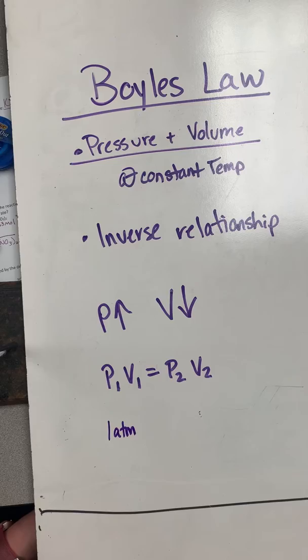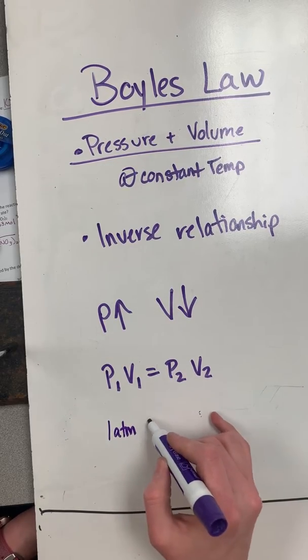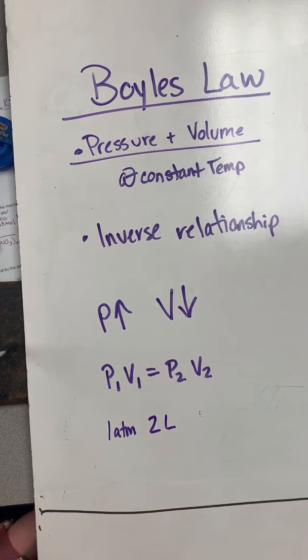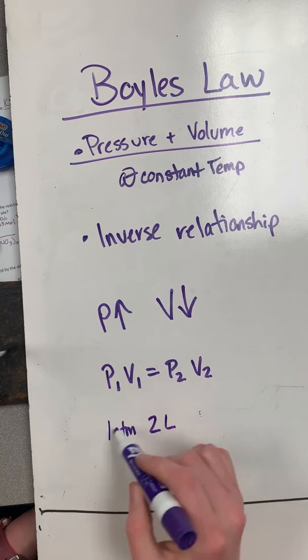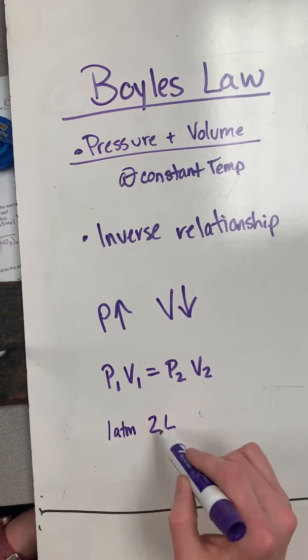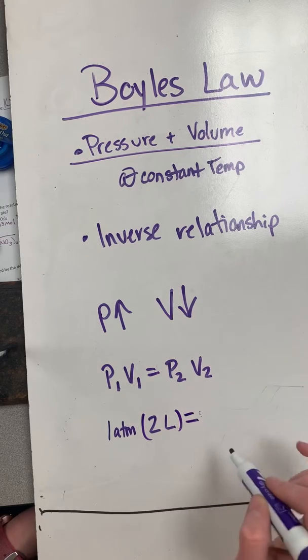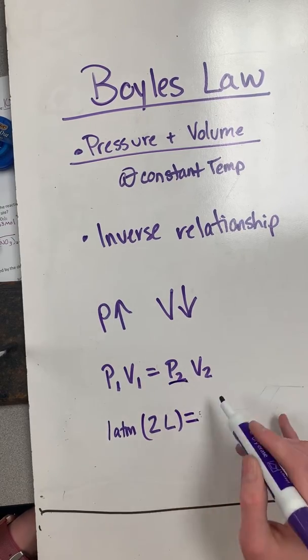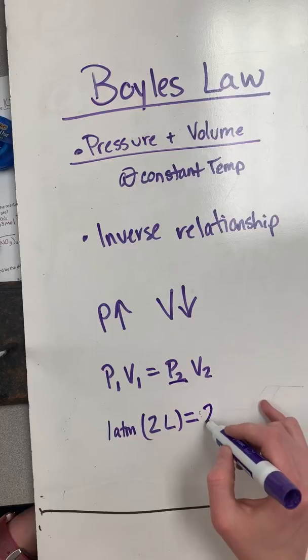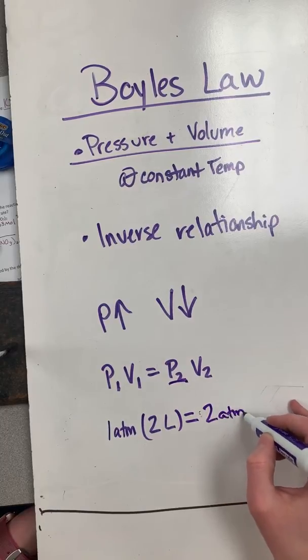And let's say it's a 2-liter soda bottle, okay? So I'm starting off at 1 atmosphere, and I have a 2-liter bottle. And let's say I increase pressure to twice that of atmospheric pressure, so 2 atm.